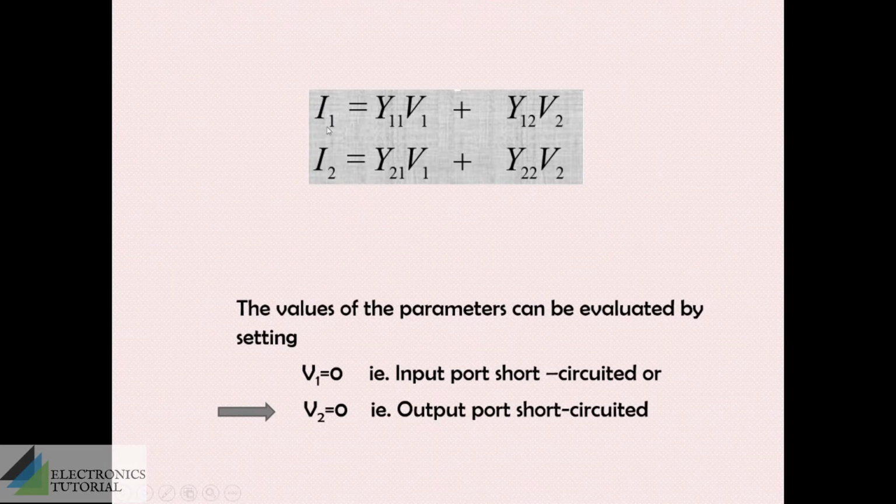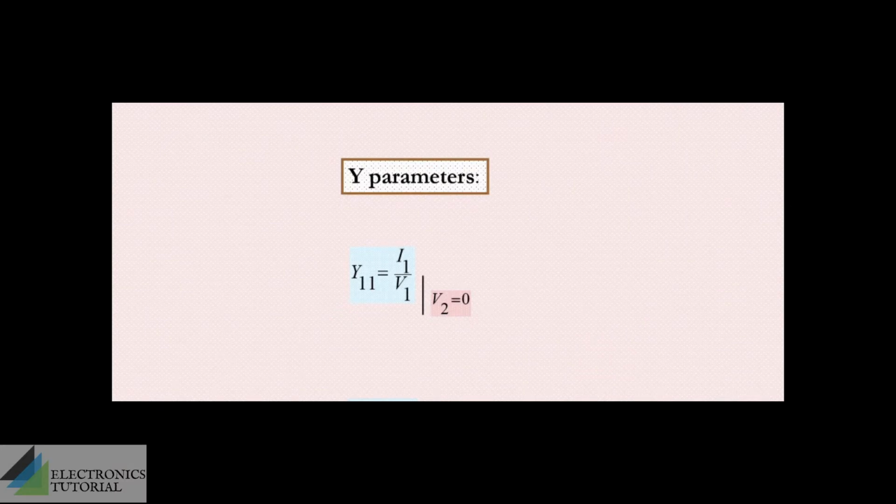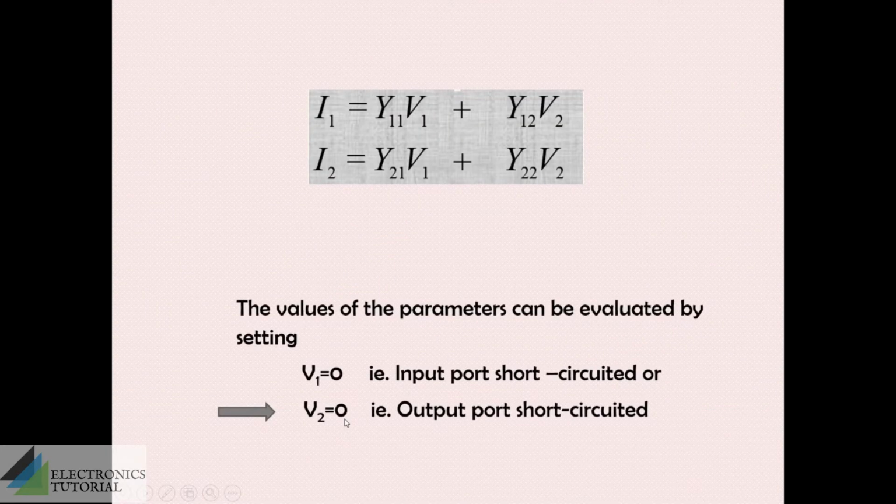In the first equation, when we apply V2 is equal to 0, this term gets cancelled and the remaining term will be I1 is equal to Y11 into V1. We can explain the Y parameter as Y11 is equal to I1 by V1. The same condition can be applied to the second equation.